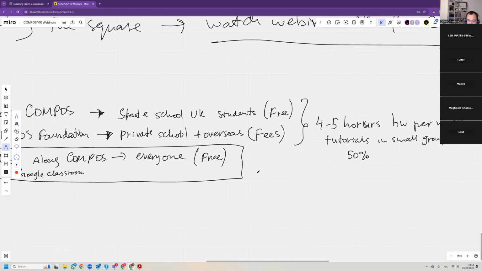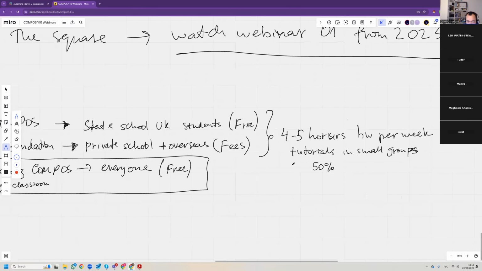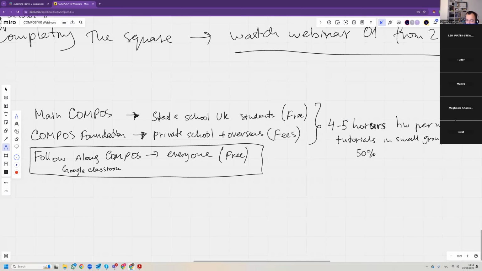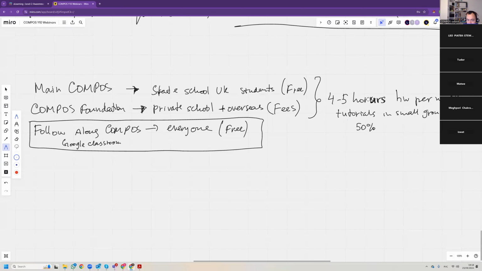You don't have tutorials in small groups. Homework is not mandatory. So you just do whatever you can, and if you do complete everything, you will be treated at the end of the year the same as a COMPOS main student. You will receive a letter saying that you have completed all the assignments, you have completed the COMPOS program.